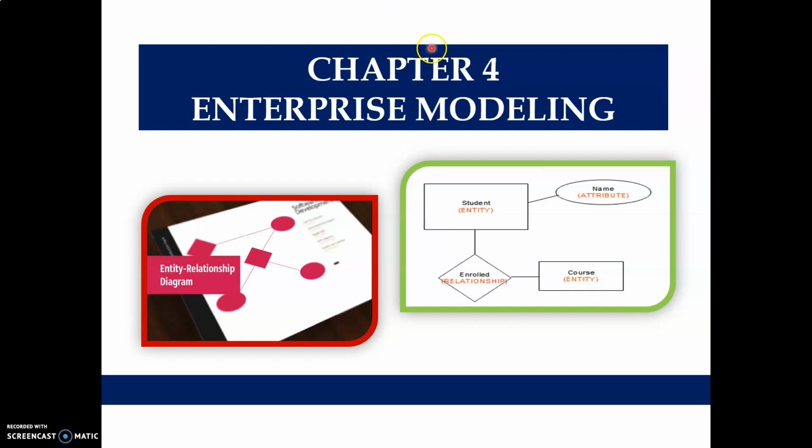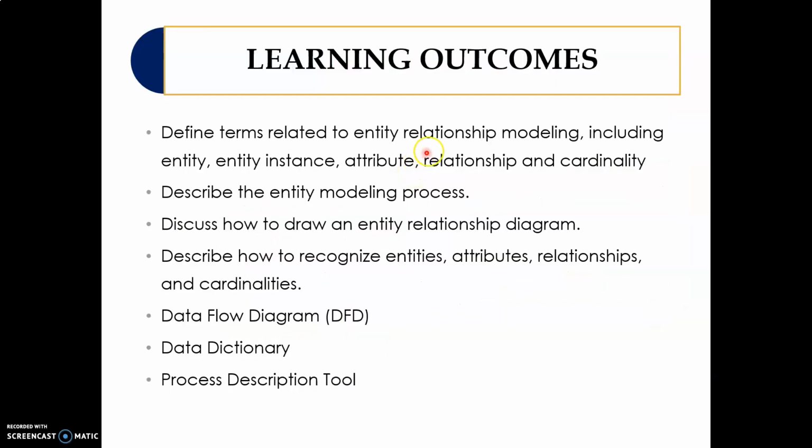Okay, so for today, we are going to learn chapter 4 about enterprise modeling. In this chapter, you will develop a logical model of the proposed system and document the system requirements. Basically, the logical model shows what the system must do, regardless of how it will be implemented physically.